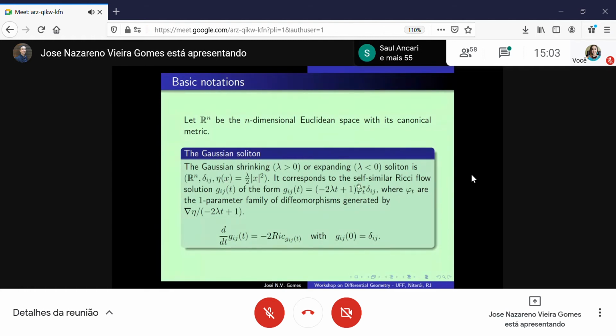It corresponds to the self-similar Ricci flow solution of the form... I remember that Ricci flow is given by this equation here.